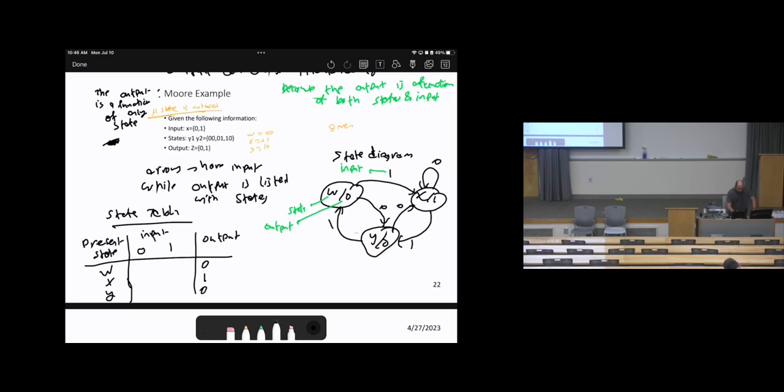Now, what will happen to the next states? When we are with W, if the input is 0, we will go to Y. If the input is 1, we will go to X. Then let's write it here.